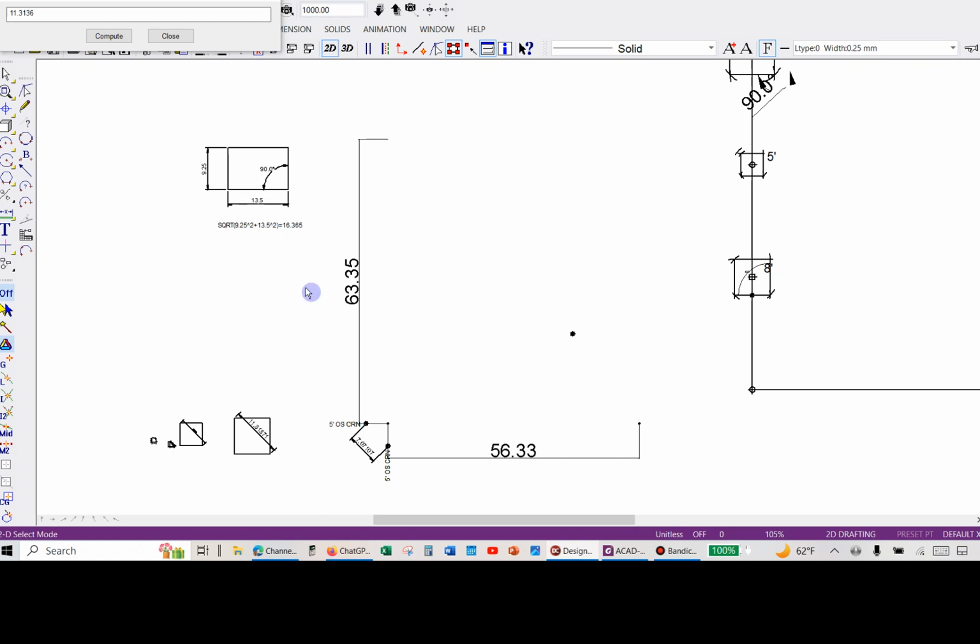So you have these 2 points that are established. We're going to swing an arc that's 63.35.